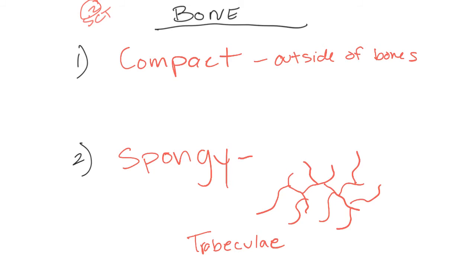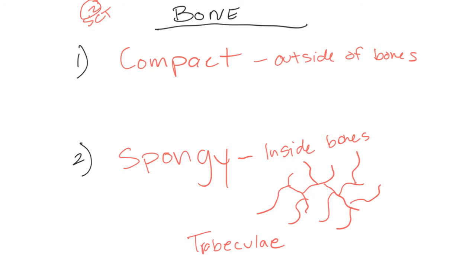These are often on the inside, not on the inside of all bones, but they are between the inside and outside of your flat bones. So between the compact bone in your skull, you have spongy bone in between. You also have spongy bone on the ends of your long bones.